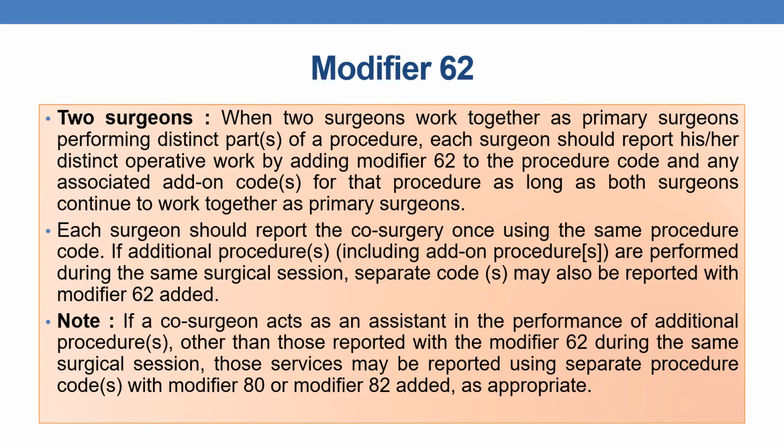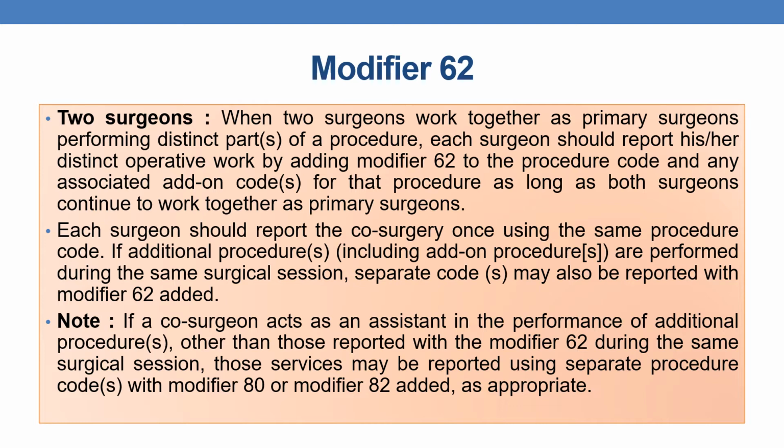For example, you can see in arthrodesis, which we will be discussing in the next session, when we must use 62 and when we must not use 62. As of now, 62 means whenever two surgeons work together as primary surgeons performing distinct parts of a procedure. Each surgeon should report his or her distinct operative work by adding 62.